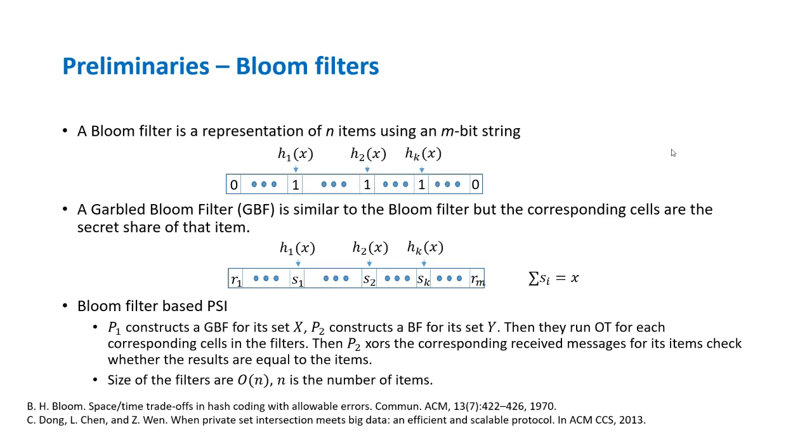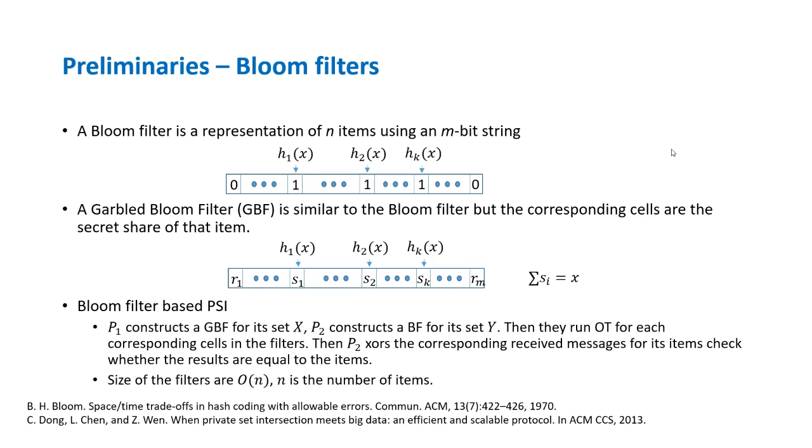Using a Bloom filter, a PSI protocol can be constructed as follows. P1 constructs a Garbled Bloom filter for its set X. P2 constructs a Bloom filter for its set Y. Then they run OTs for each corresponding cell in the filters. In other words, for the ith oblivious transfer execution, P1 sets the message pair as the string in the cell and 0.